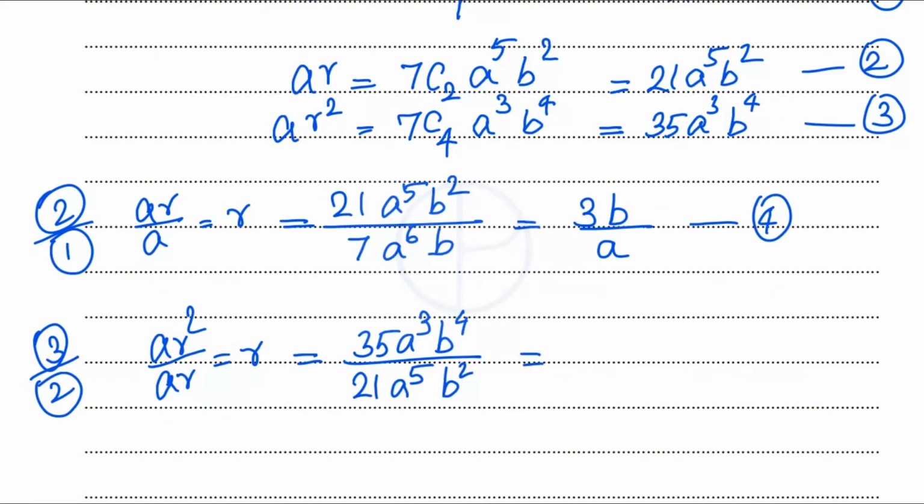If you divide the denominator and numerator by 7, we get 5 and 3. In the denominator we have a power 5 and in the numerator a power 3. So if you cancel this, we get here a square.